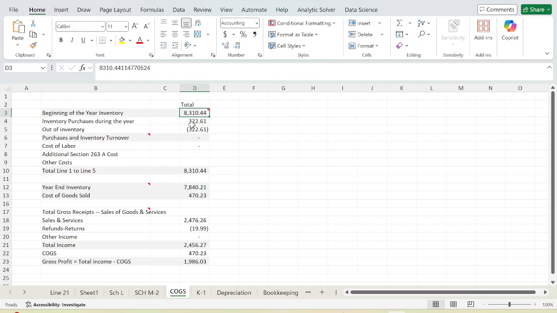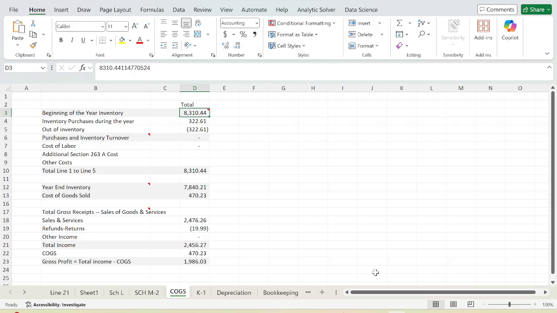So out of inventory, we have the negative number, putting it back in inventory as finished product at the cost we pull the raw material out of the inventory at, which is a positive, so they wipe each other out. So purchases during the year is going to be 0 for us. We just have an in and out transaction between the inventory, raw material out, finished product in. I like to track it like that for our business, so I'm just going to use it in this example.